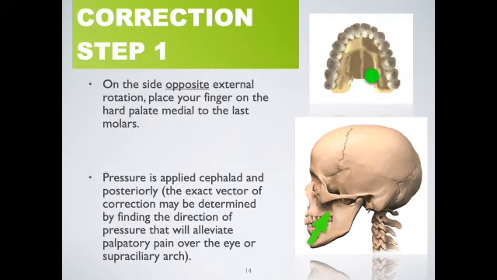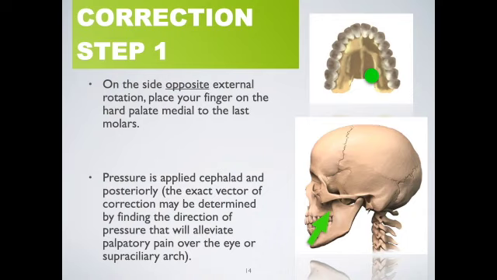It's a 2-step process, not a 3. Now, you're going to be on the side opposite the external rotation, so you're at the spot. If you were correcting, say, the internal rotation from a little while ago, you're going to go back to that same side, but now you're going to be pressing right near the last molars, about where the hard palate ends.